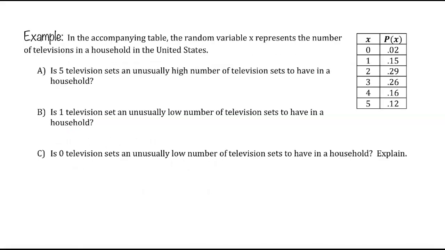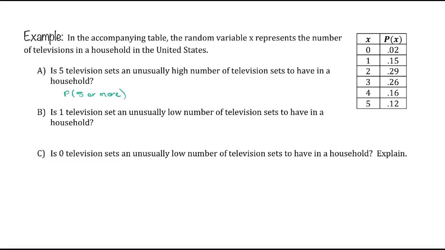Returning to our probability distribution for the number of televisions in a household in the United States, let's first determine if 5 television sets is an unusually high number of television sets to have in a given household. In order to determine if 5 is unusually high, we need to find the probability of 5 or more.